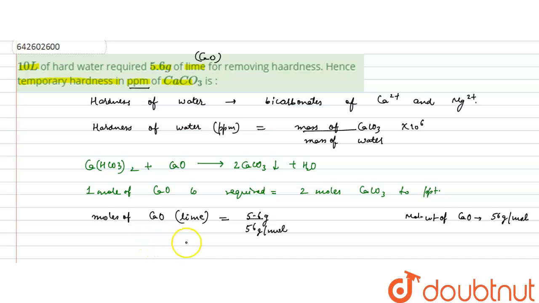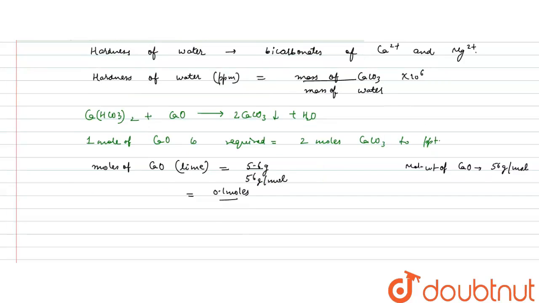So the moles will be equal to 0.1 moles. Now if 1 mole of calcium oxide is required to precipitate 2 moles of calcium carbonate, so if 0.1 moles are present, it will precipitate 0.2 moles of calcium carbonate. It means moles of calcium carbonate precipitated will be 0.2 moles.